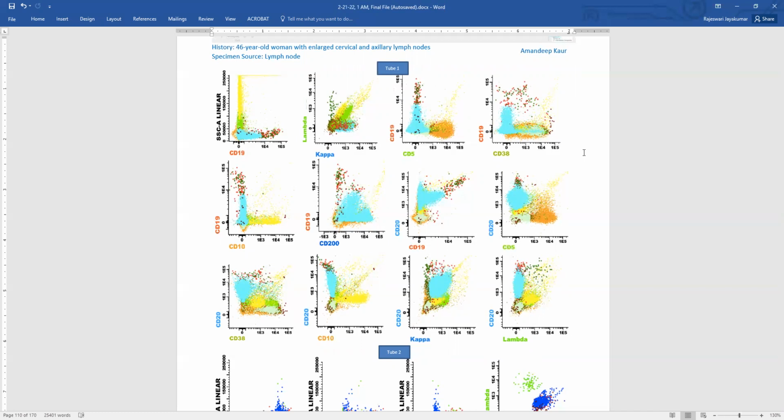Normal plasma cells are positive for CD19, but neoplastic plasma cells lose CD19, and they can aberrantly express CD20 also. So that is something suspicious. So we added our plasma cell tube. And one more thing that you have to remember is aberrant expression of CD200 is common in neoplastic plasma cells also.